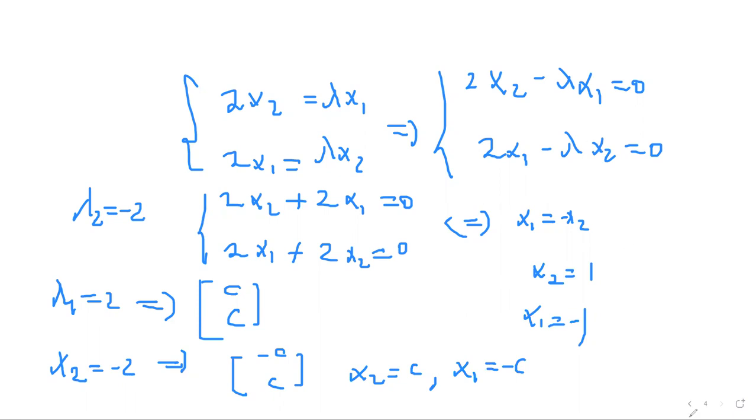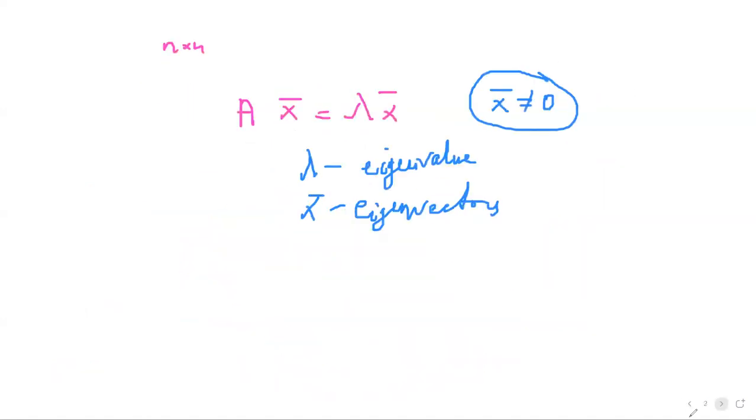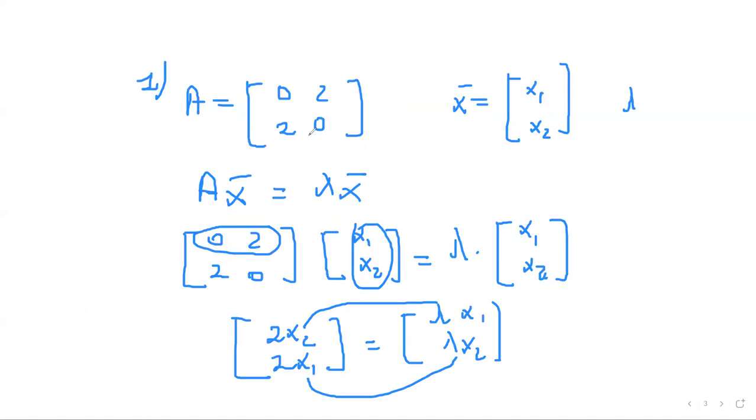So look at what we have done. In the beginning, we have A equals 0, 2, 2, 0. This is a symmetrical matrix which always will have real eigenvalues. We said in the meantime that there can also be complex eigenvalues. So we started from this vector equation, and then we took matrix A and vectors x1, x2.